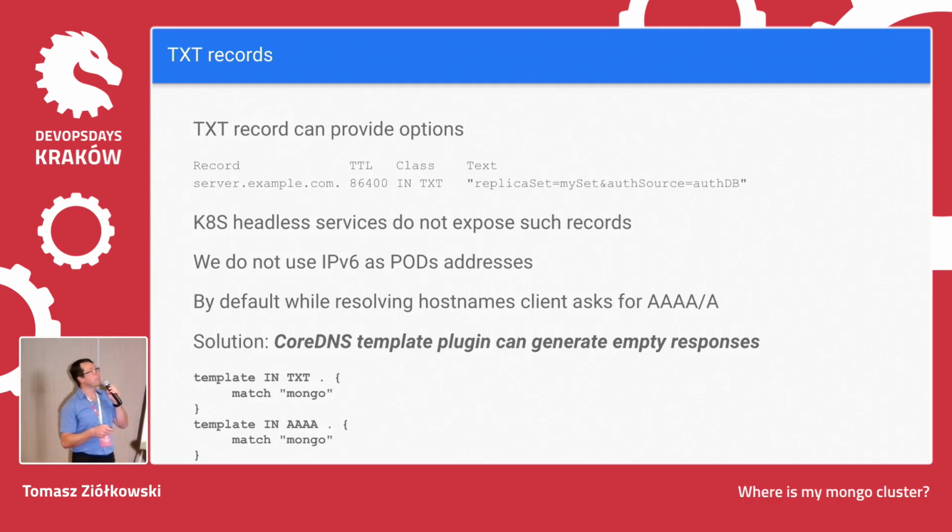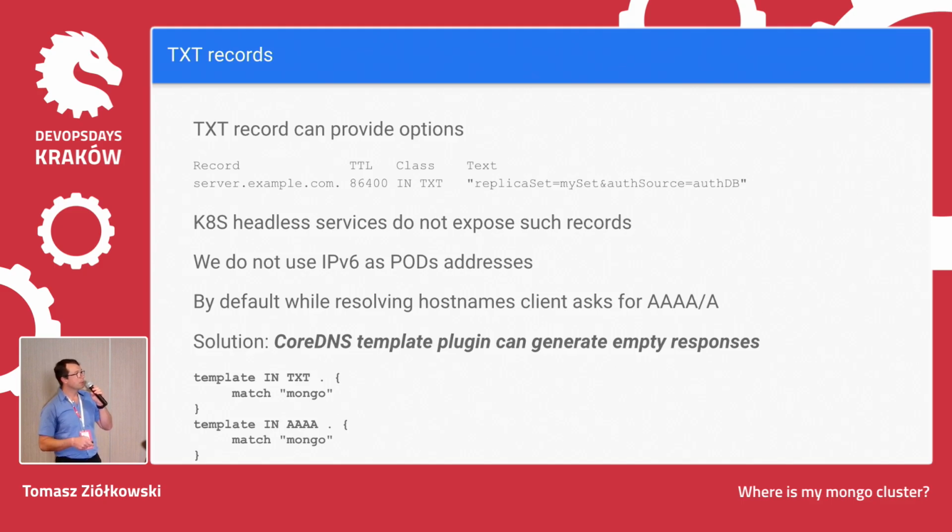However, in the specification of the MongoDB SRV string, there is the ability to pass additional options to the connection string by TXT records. You don't need to type these options manually into the connection string, they can be provided by such a record, but in our case we can't use that.